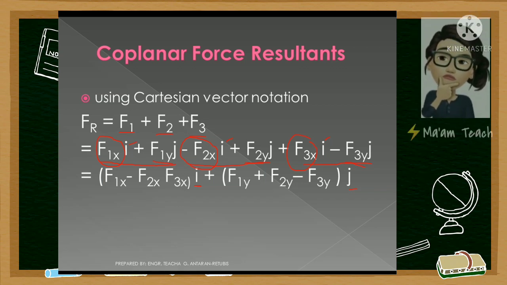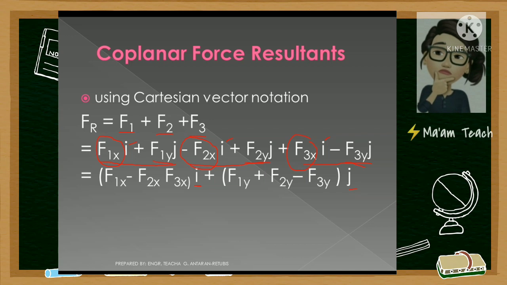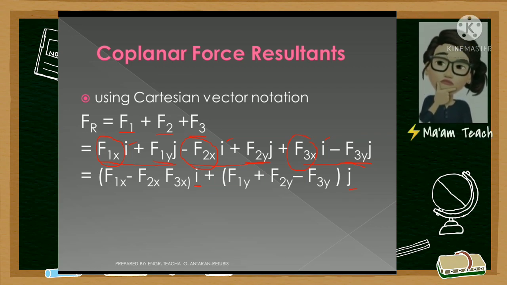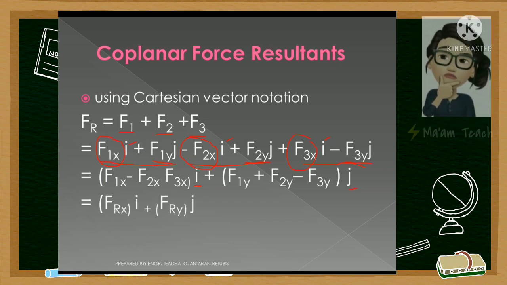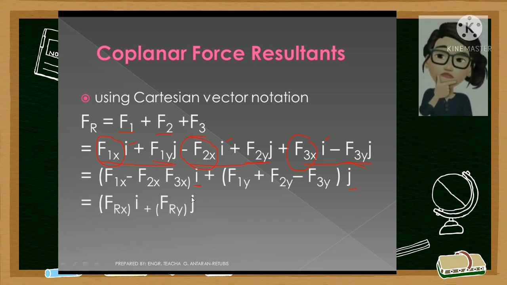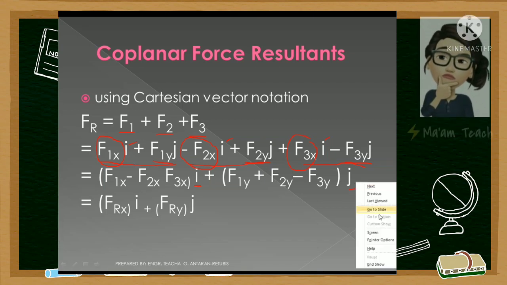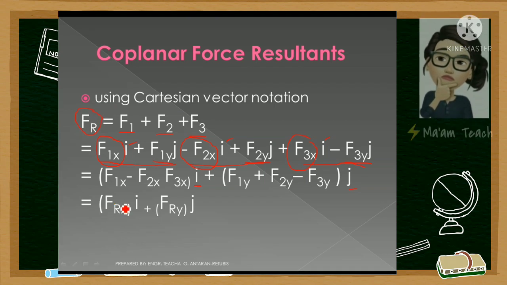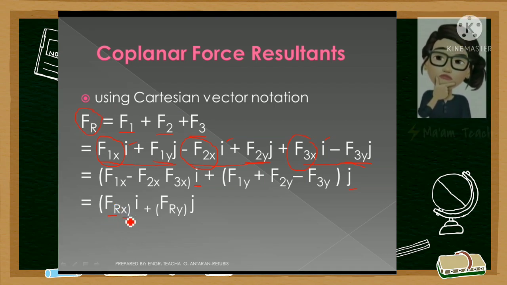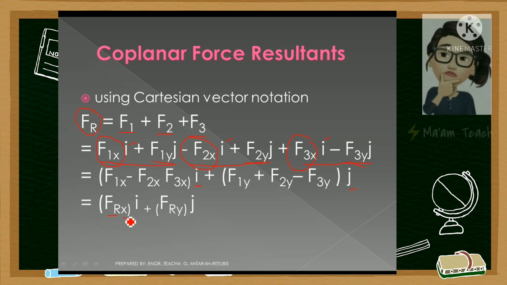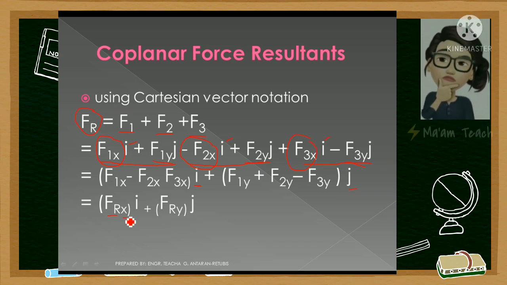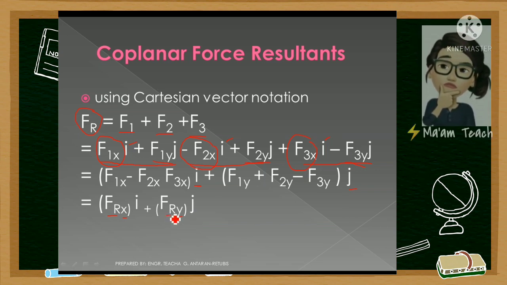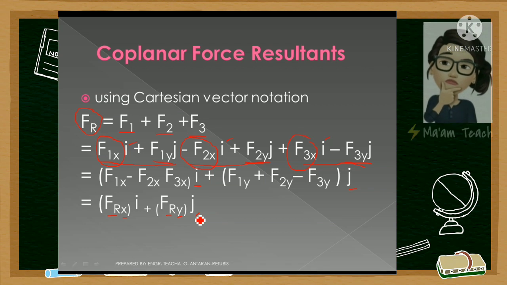You simply combine all the x components, and you simply combine also the y components, and then just put i and j. In summary, in order to solve for the resultant force, F sub r, we get the resultant of x, which means you add all the x components and then put i, and then add all the y components and then put j. Simple as that.